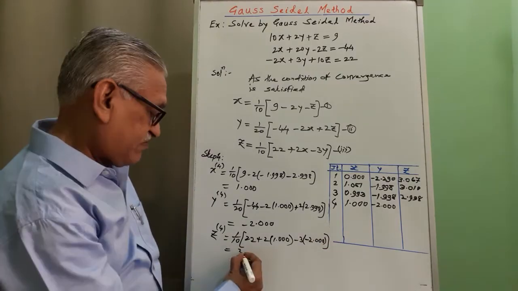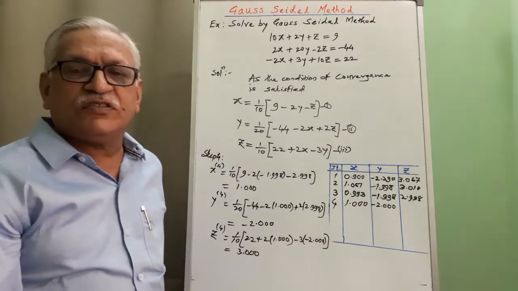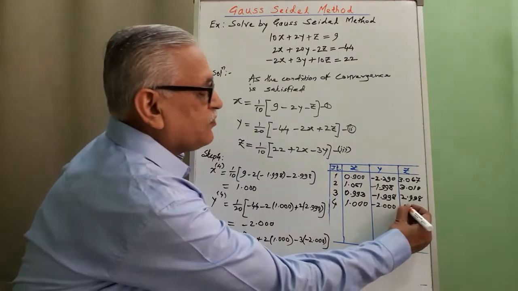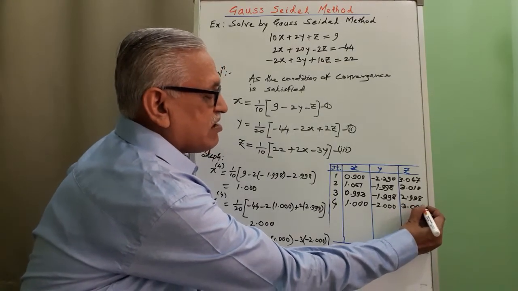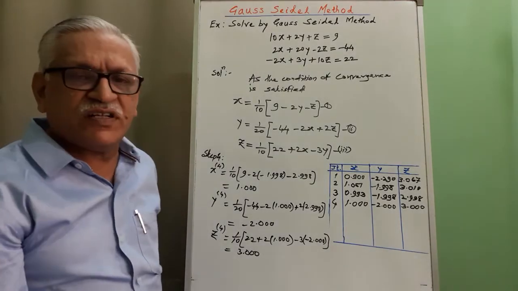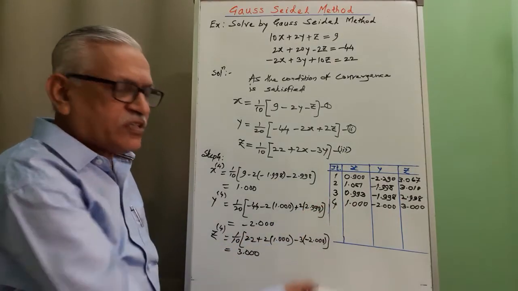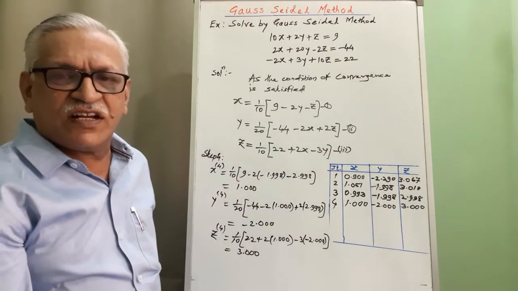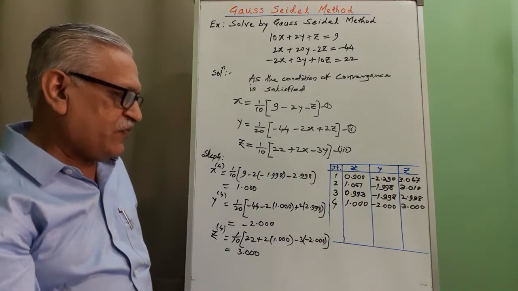We get that value 3.000. Therefore, we put that value here. Iteration number 4 is completed. Again, these two successive values are not equal or nearly equal. We have to go for one more step, iteration number 5.